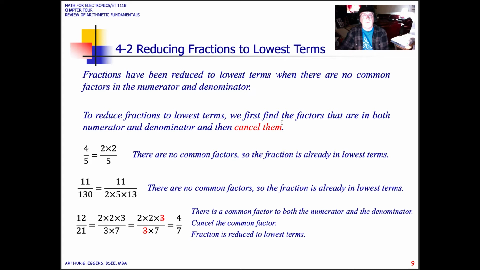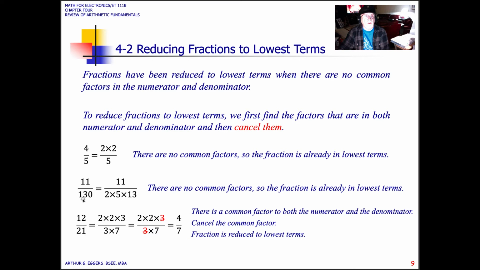If we have the same number in the numerator and the denominator, cancel it. It's 1, right? 2 over 2 is 1. 3 over 3 is 1. 2 times 2 over 2 times 2 is 1. So 4 over 5 is 2 times 2 over 5. No common factors. It's done. 4 over 5 is as small as we can get.